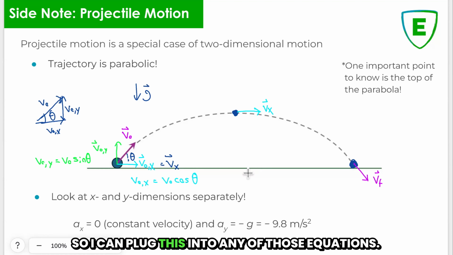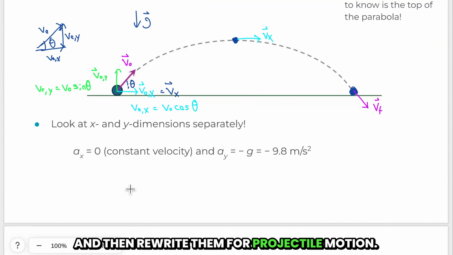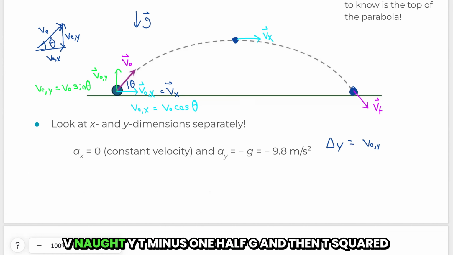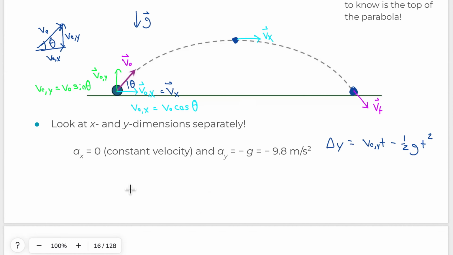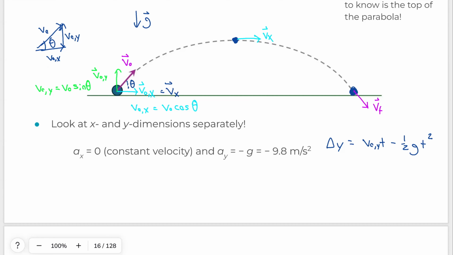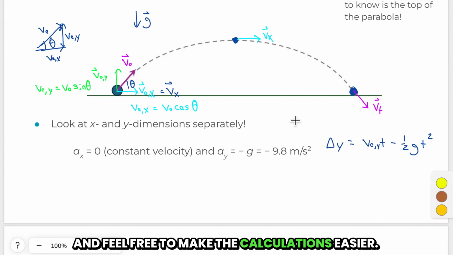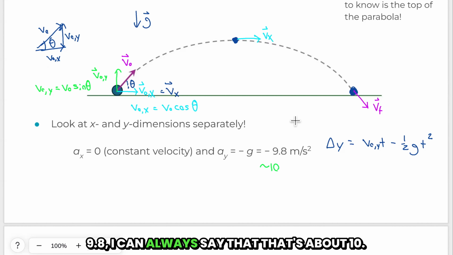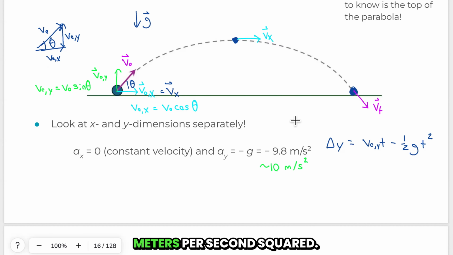So I can plug this into any of those equations and then rewrite them for projectile motion. The big one: delta y is what? V naught y times t minus 1/2 g t squared. Minus sign because it's always accelerating downward. And feel free to make the calculations easier: 9.8, I can always say that that's about 10 meters per second squared.